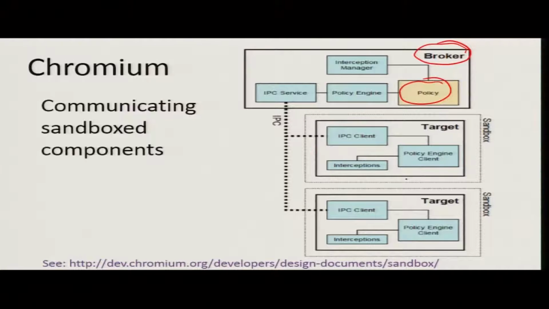Inside each of these sandboxed environments, you also have a policy engine client. This is where the policy is written, and the policy is interpreted by the policy engine. Every time a communication happens between a frame and the kernel, the policy engine has to check whether what is requested is actually permissible by the security policy.